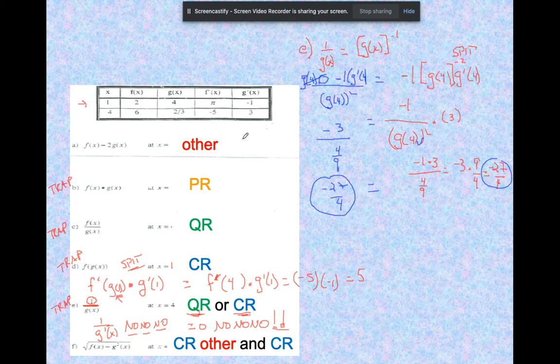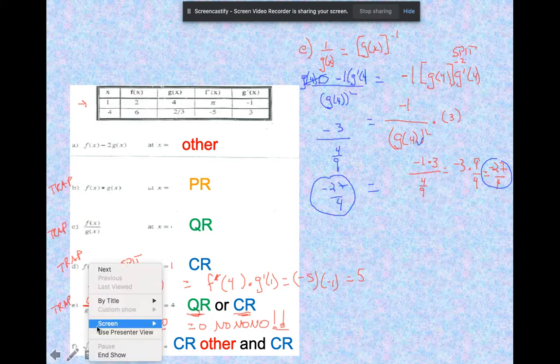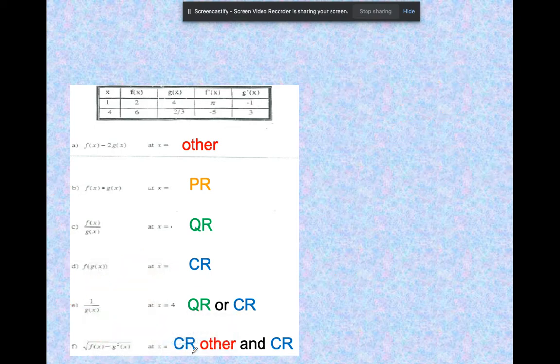All right, again, I'm going to erase all this to give myself some room to do the last one. The last one's a little bit of a bear. I'm going to have to do the chain rule. I'm going to have to do some derivative of a difference is a difference of the derivative, and I've got more chain rule. So the first thing I'm going to do is rewrite this.